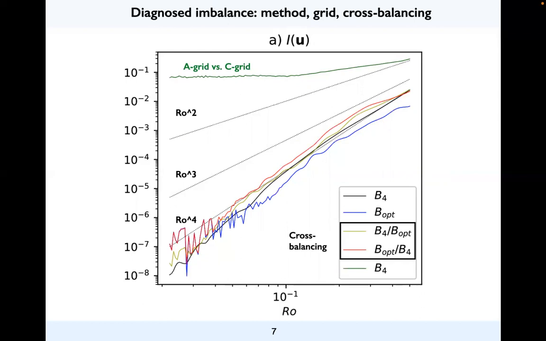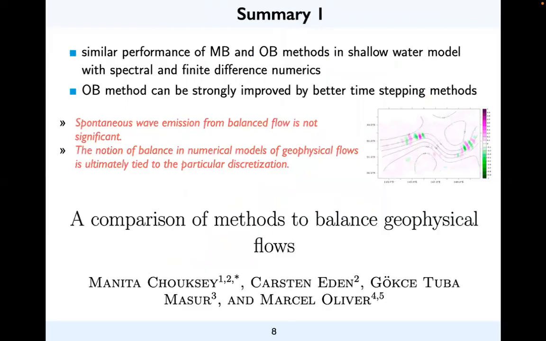But if you change the grid discretization, so we try to plug in A grid eigenvalues into C grid settings, you see that it's way off on the top, the green line. So that's not recommended. And I will just shortly summarize my part. The comparison of both methods is similar. What we have shown is for a shallow water model for 2 different numerical setups.